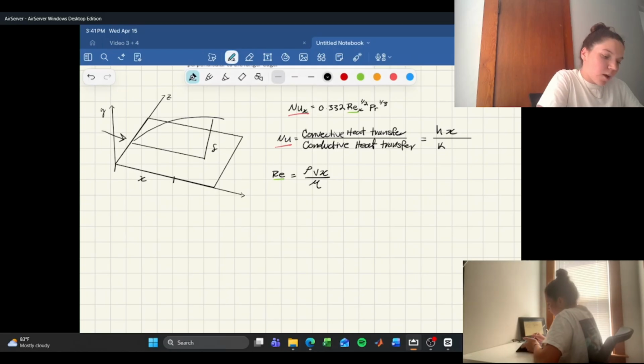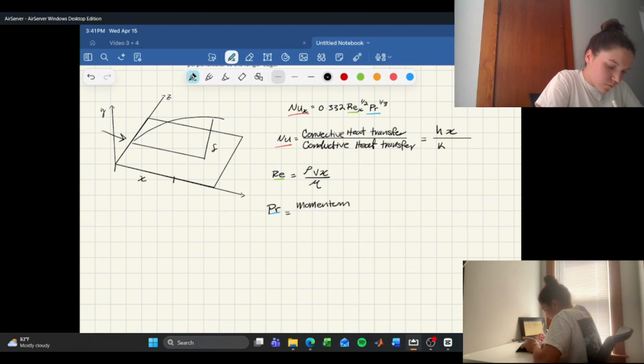And now we have the Prandtl number. This is going to be a ratio of momentum diffusivity over thermal diffusivity.